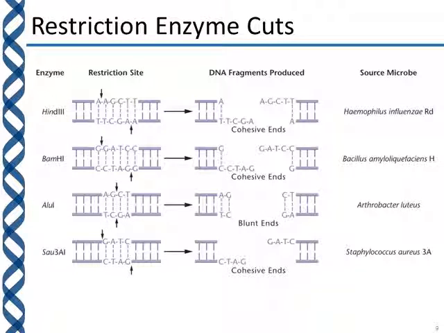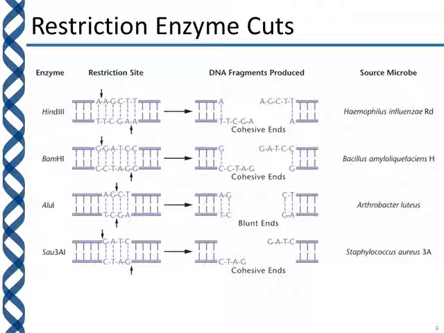Here we show the sites for a number of other restriction enzymes such as HindIII, again the palindromic sequence AAGCTT, or BamHI, which is GGATCC. So in all these cases, you have the restriction site, which is a palindromic site. You have the DNA fragments which are produced, and here we show the cohesive ends, also called sticky ends, that are produced by HindIII and BamHI.